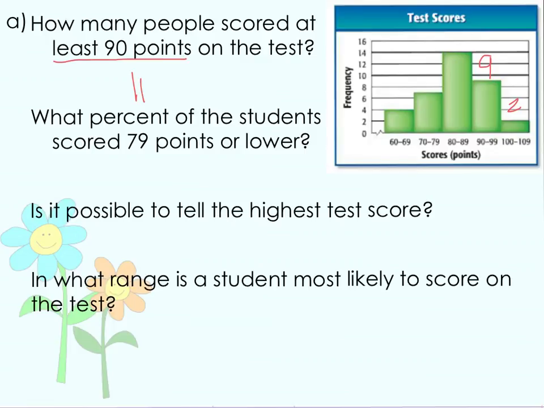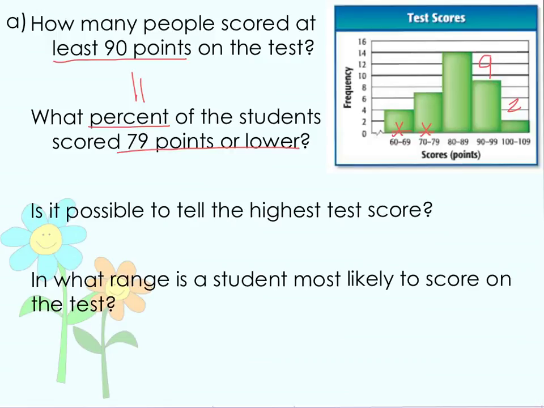Now let's take a look in the other direction. This one says what percent of the students scored 79 points or lower. So what percent? 79 points or lower. So for this one, I first need to know how many people scored 79 points or lower. So that means I'm going to look at this bar and this bar, because both of these groups scored less than 79 points on their test.